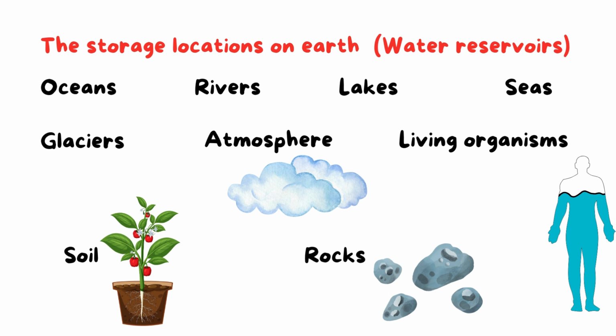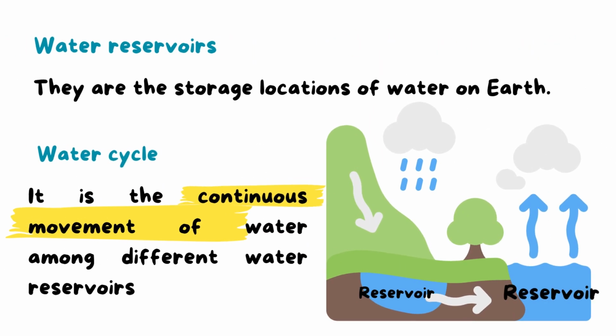For example, we have porous rocks that allow water to go through them to collect in groundwater. Yes, so these are called water reservoirs, the storage locations of water on Earth.